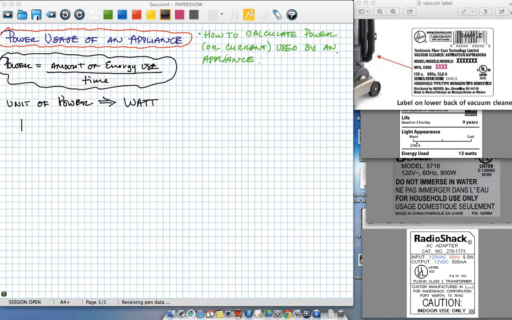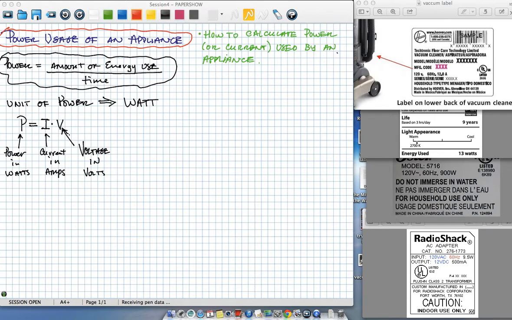So power can be calculated by looking at the current used by the appliance times the voltage going into the appliance. So this would be the power in watts, and that would be the current in amps or amperes, and that would be the voltage in volts.